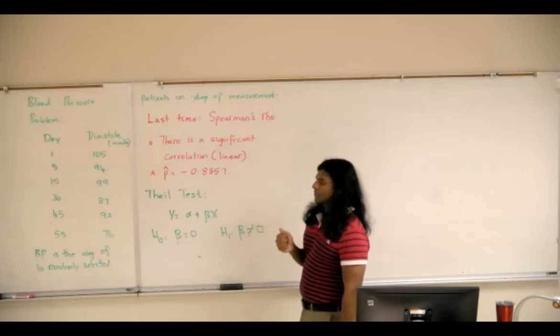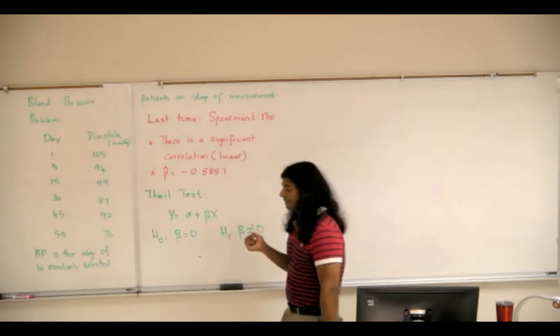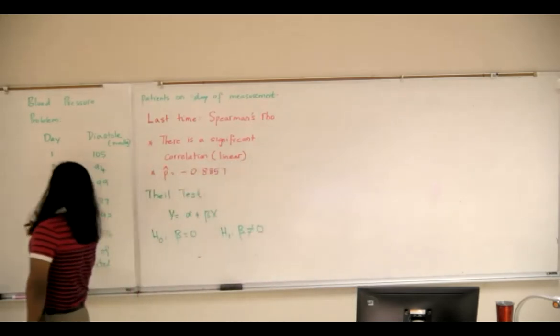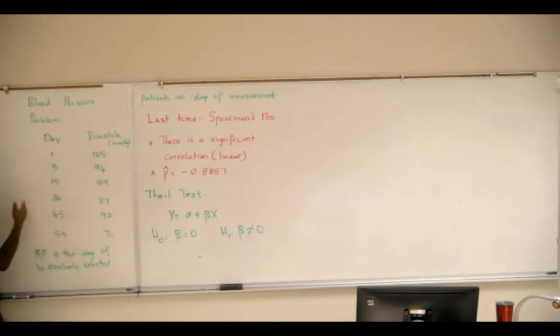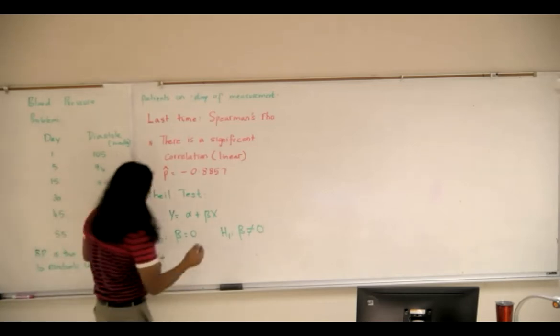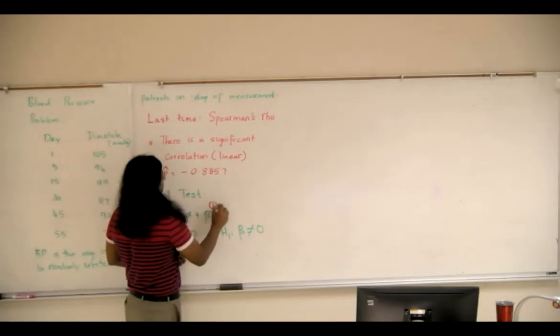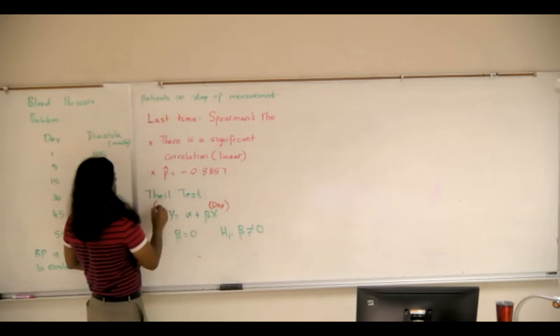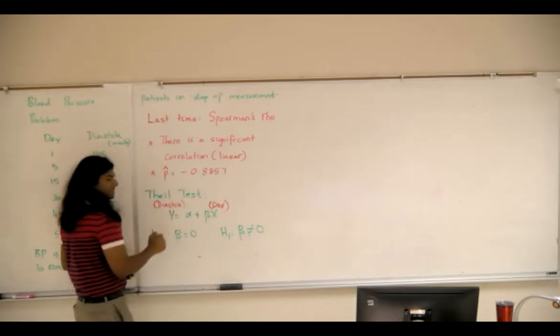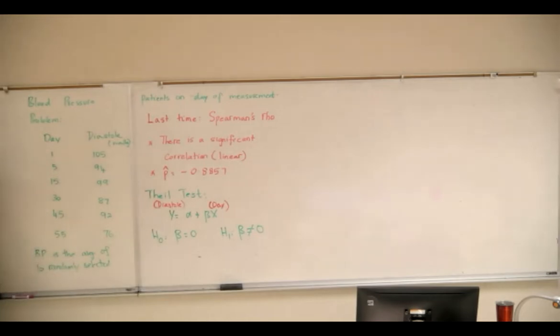And there is a strong requirement for Theil, which is we've got to sort the data for the x variable in increasing order. So x in our case is simply day of measurement, and y is the diastolic pressure.